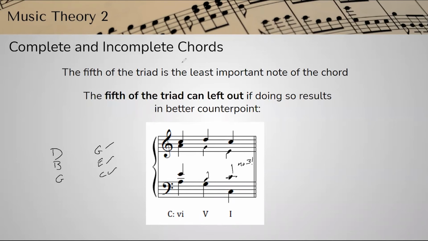Now you could smooth that out if you wanted to. You could change the alto to make this a little bit more melodic by leaping down another fifth to the D and then stepping up. So that would kind of work too.